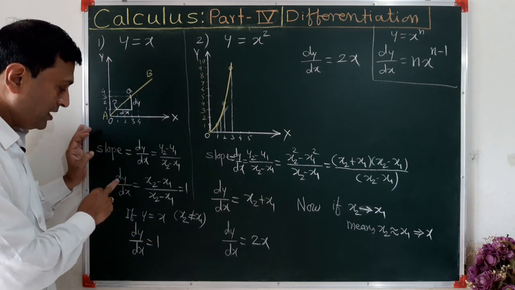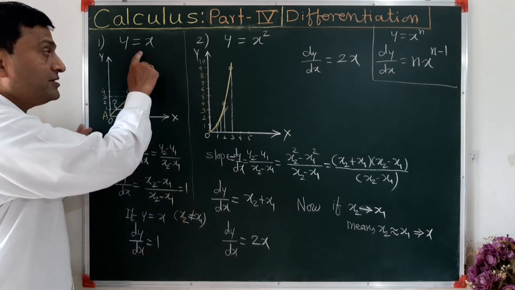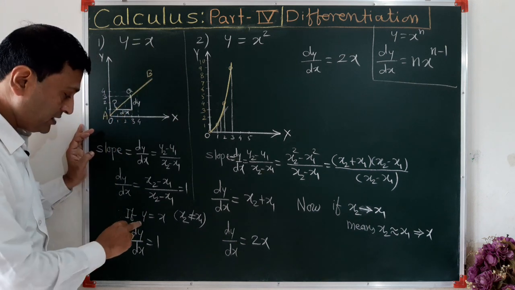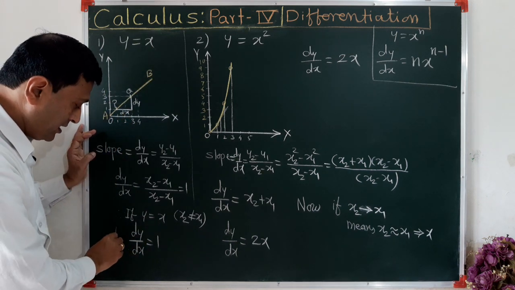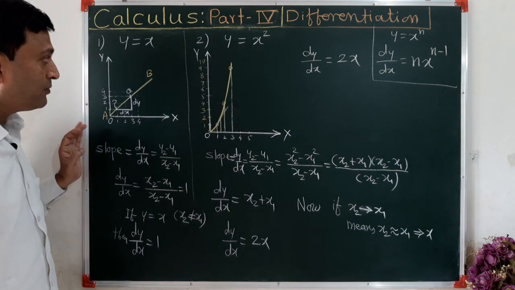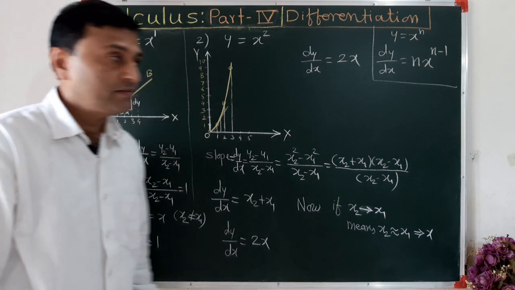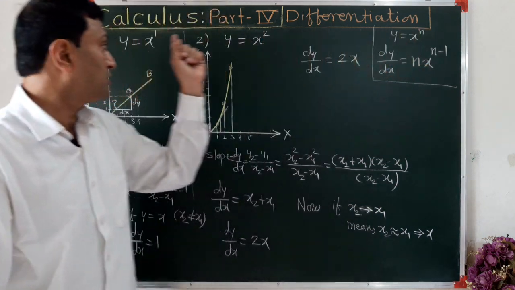Then you can say the derivative of y with respect to x is equal to 1 if y is equal to x. Means if y is equal to x, then dy by dx is 1. By that formula, you can put here as 1. x raised to n means x raised to 1.